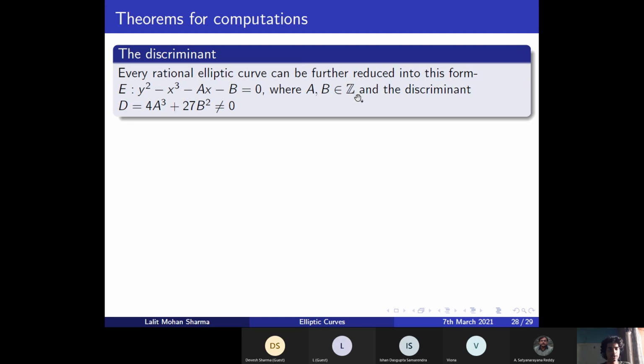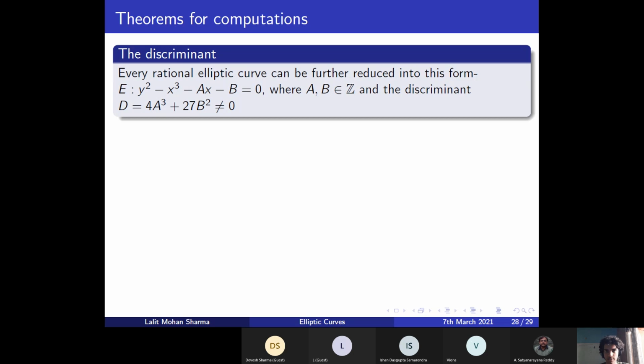We have this thing called the discriminant, and this is also another exercise: take this curve and try to see what the equivalent condition in terms of coefficients is for there being no singular point.